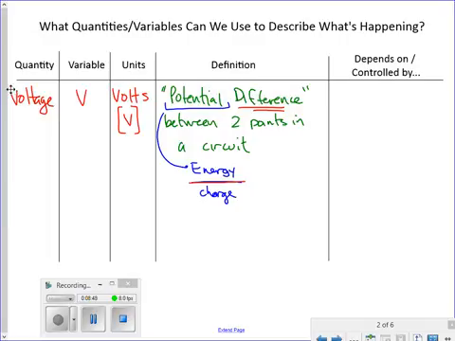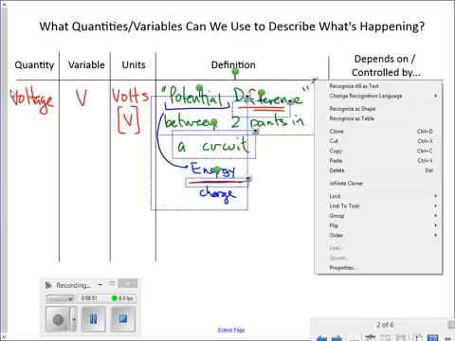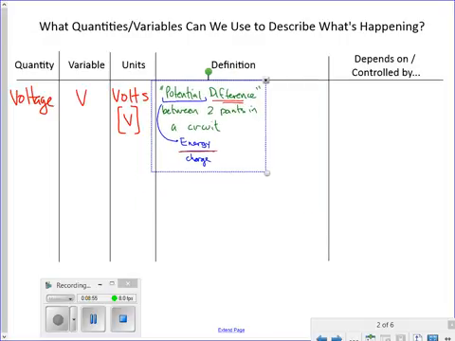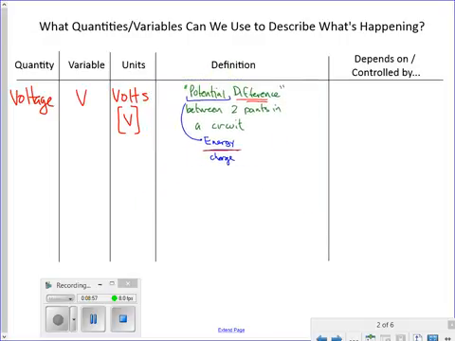The next quantity that we'll concern ourselves with is current. Variable, of course, capital I. Units, amperes, or amps.